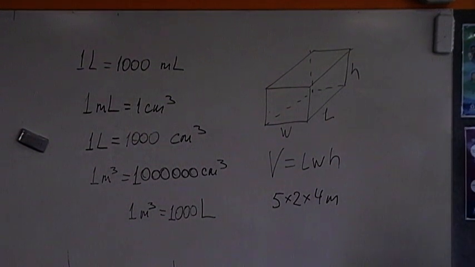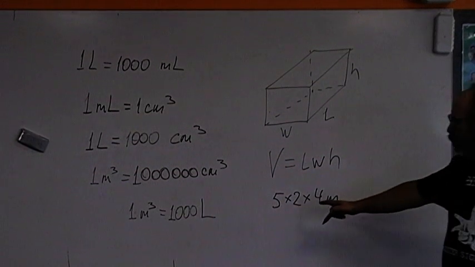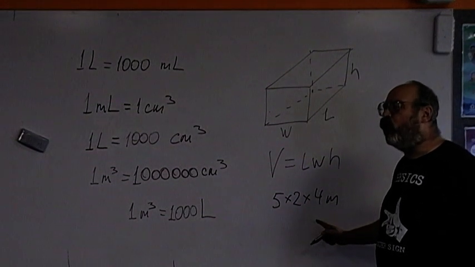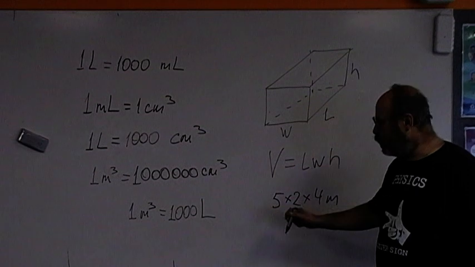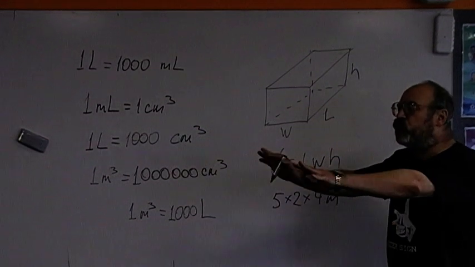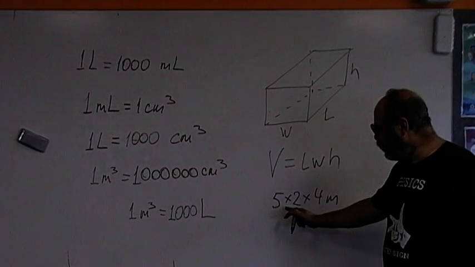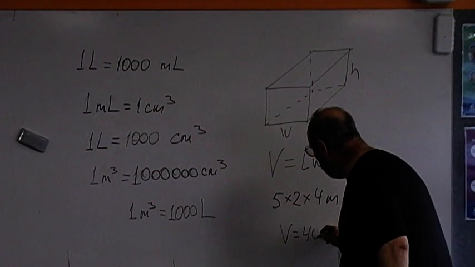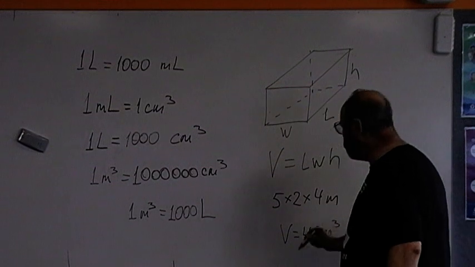How much water in liters do you need to put in to fill this? First, the volume in cubic meters: 5 times 2 times 4. So volume equals 40 cubic meters.